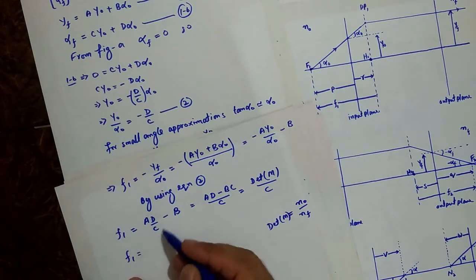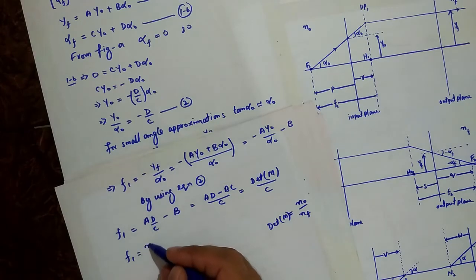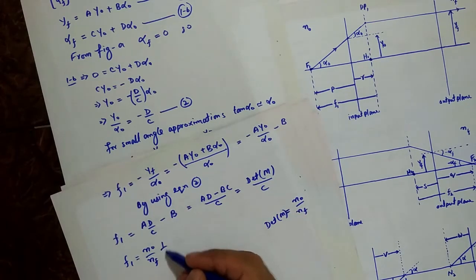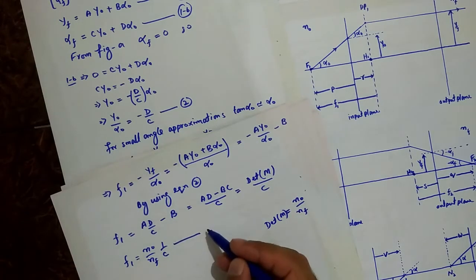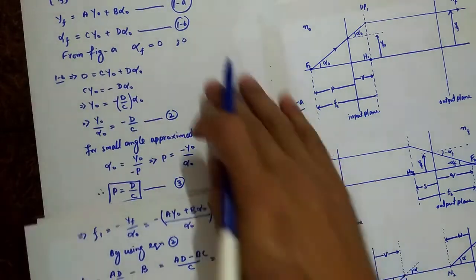Therefore this will be n naught over nf times 1 over C. This is equation number 4.